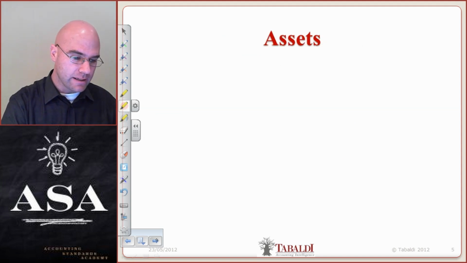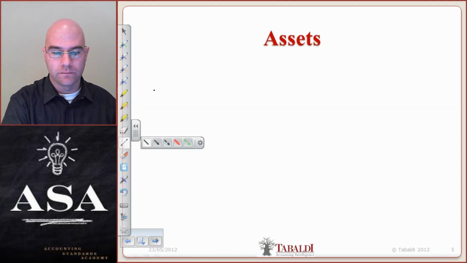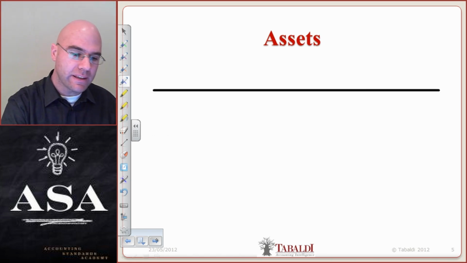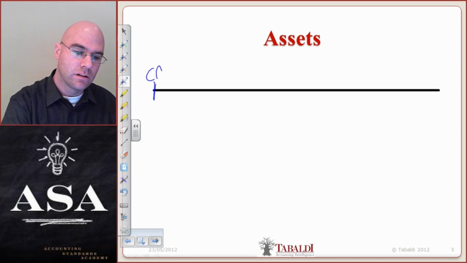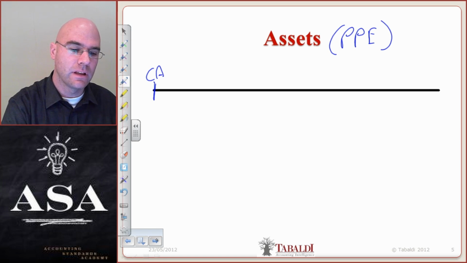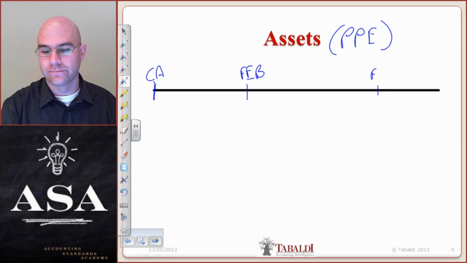Now, for assets, the core thing to remember here is what does the carrying amount of an asset, let's say we are talking about property, plant and equipment in terms of IAS 16, that carrying amount represents future economic benefits.